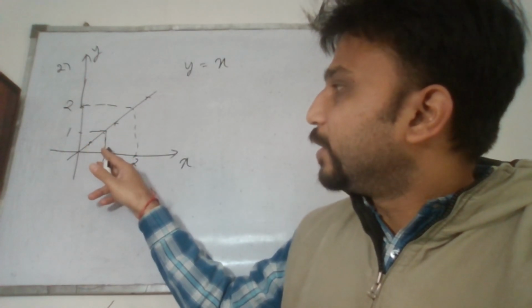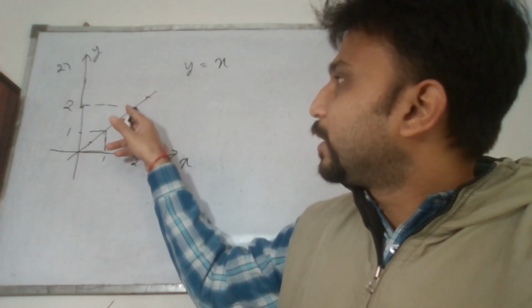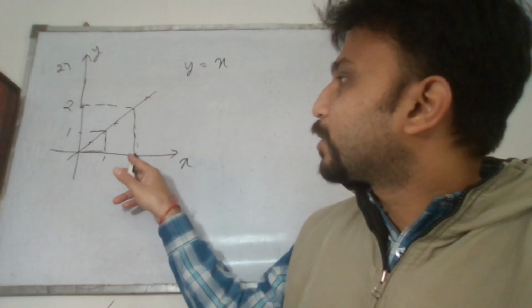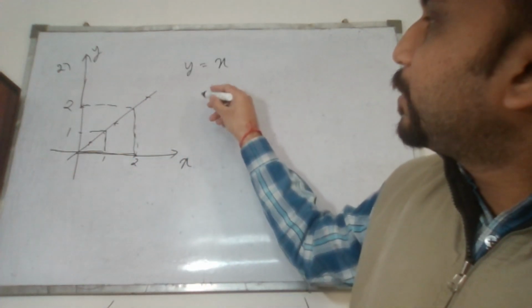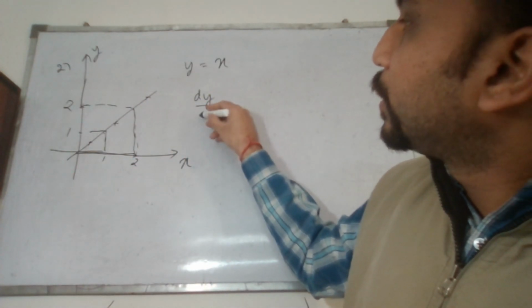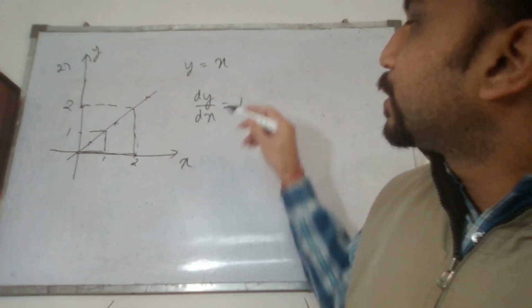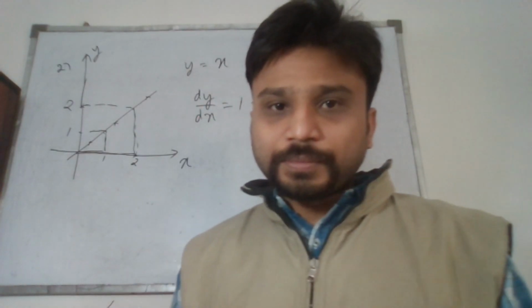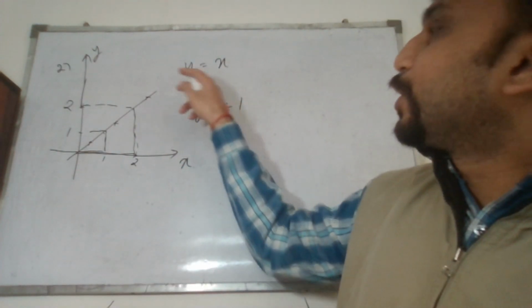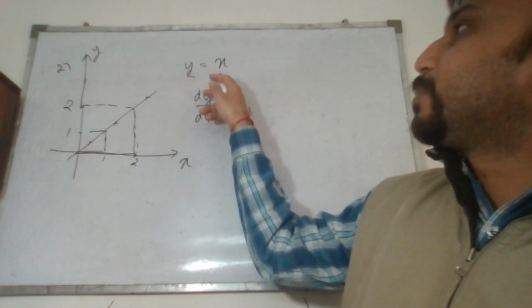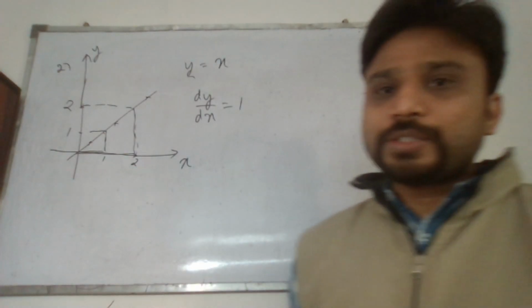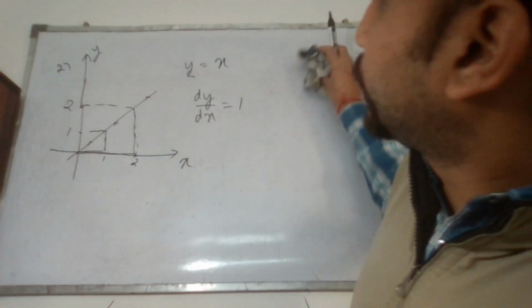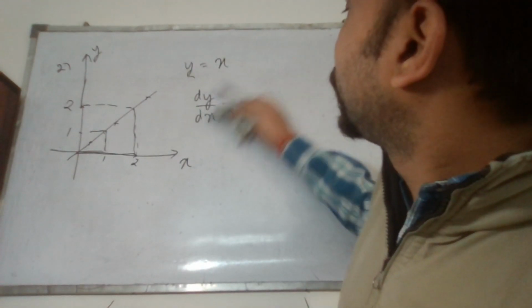The perpendicular is 1 and the base is 1. Here the perpendicular is 2 and the base is 2, so 2 upon 2 is also 1. That means the ratio of the slopes at different points is always 1. So the differentiation of y with respect to x is 1 in this case.